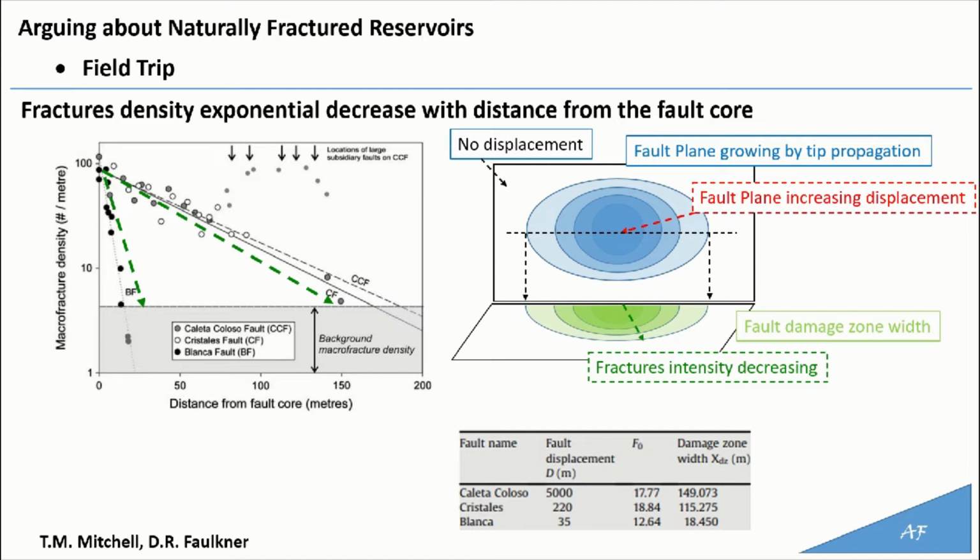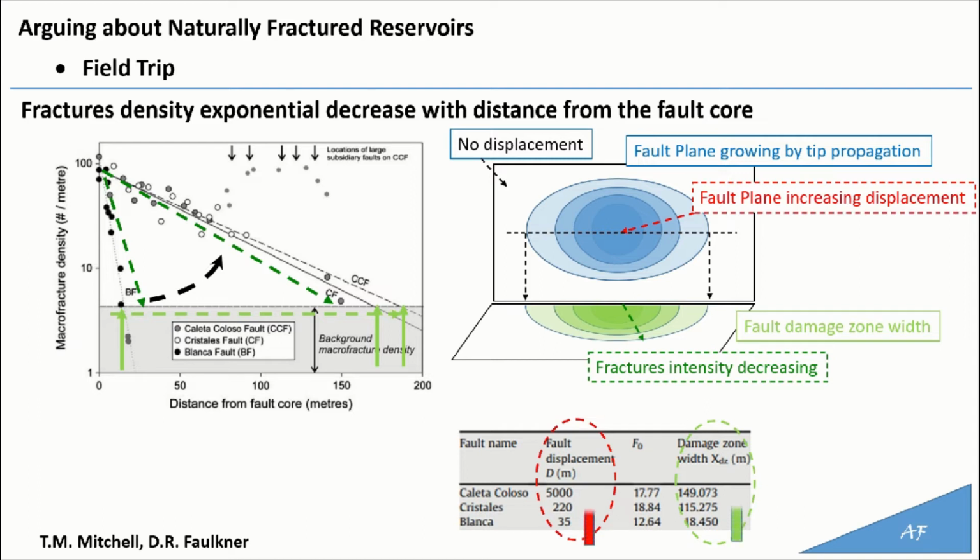The slope of this trend is quite different because these three faults are characterized by different displacement, that is mirrored in the different damage zone width estimated at the intersection with the background fracture density.